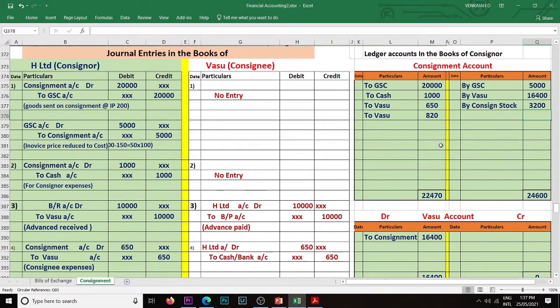Entry 24,600. 22,600 and 2,000, 24,600. Profit is 2,130.